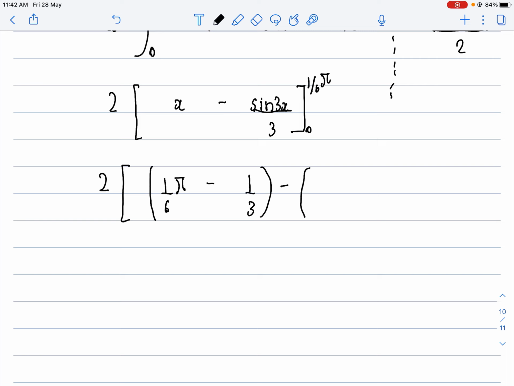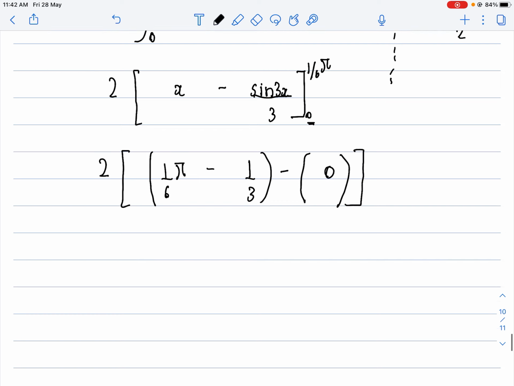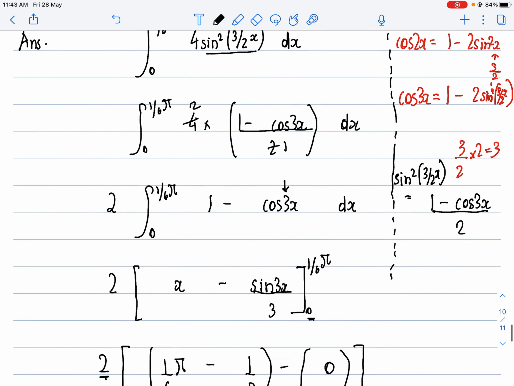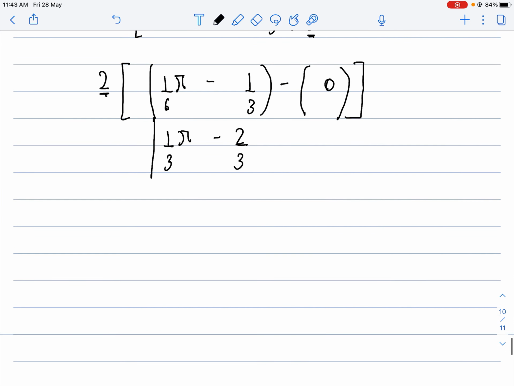Minus, when I put 0, I'll get this full thing as 0. So now I can simply write this as, I can take 2 inside the bracket to get 1 over 3 pi, correct? 2 into 1 over 6 pi is 1 over 3 pi minus 2 over 3. Okay, which is basically the final answer of the question.